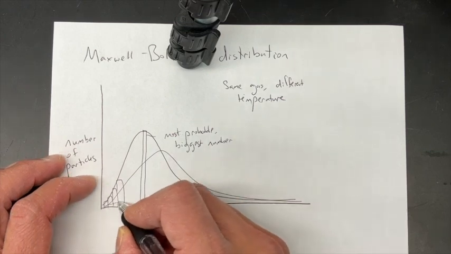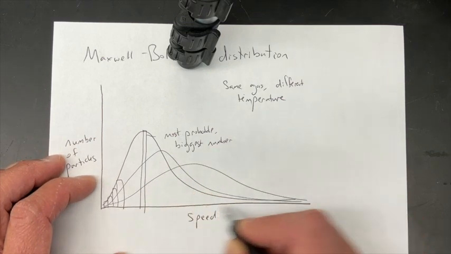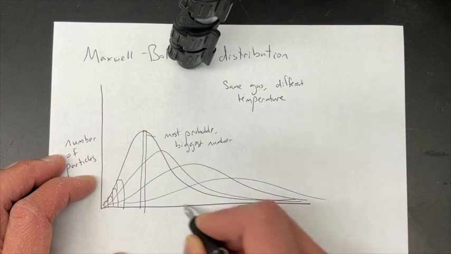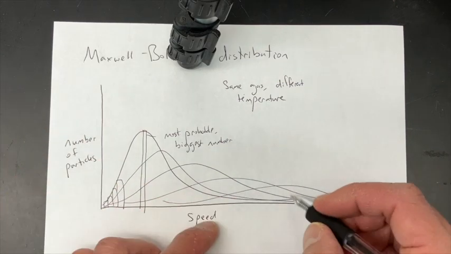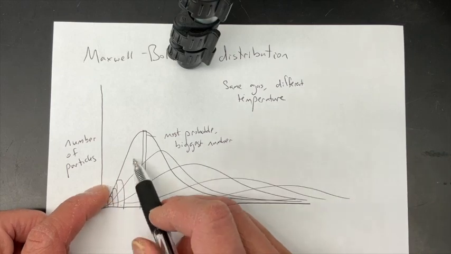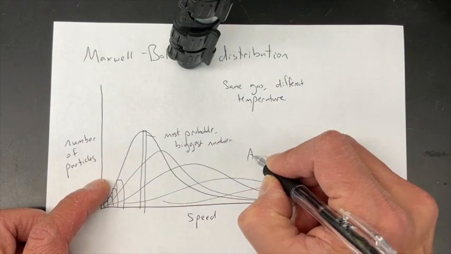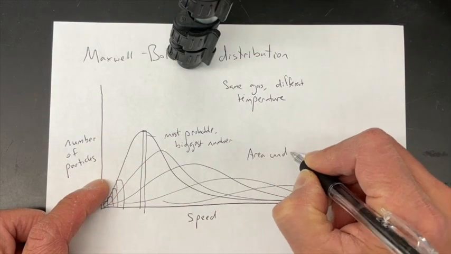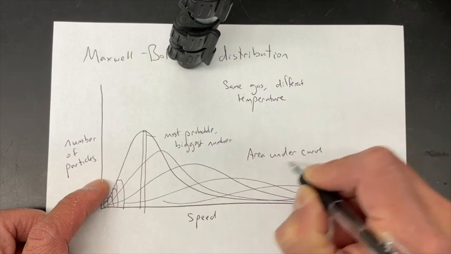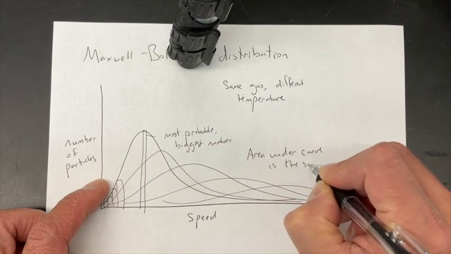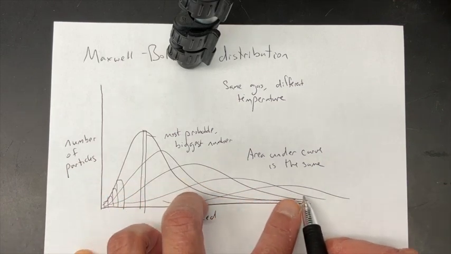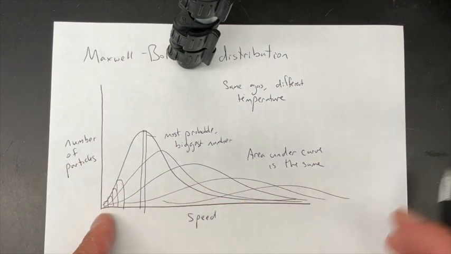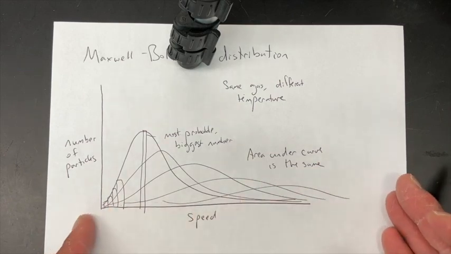Or if I heat it up even more, it spreads out like this, and like this, and like this. So I keep heating up, and so on. What happens is the area under the curve stays the same. But as I heat it up, it just keeps shifting over to the right and spreading out. So there's a bigger distribution of particles.